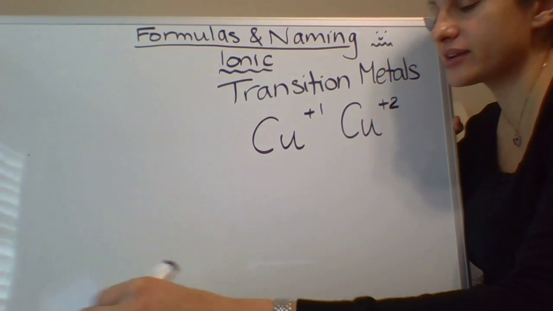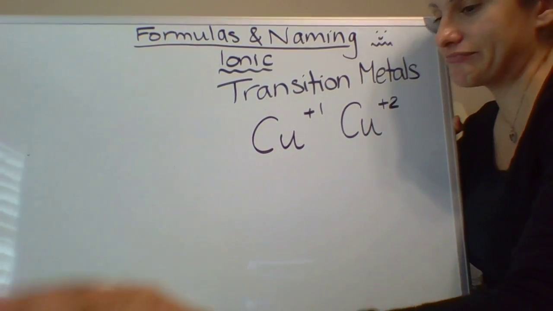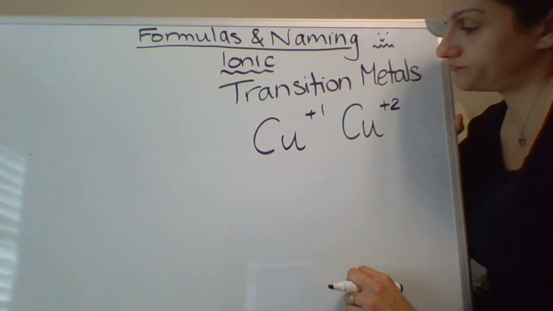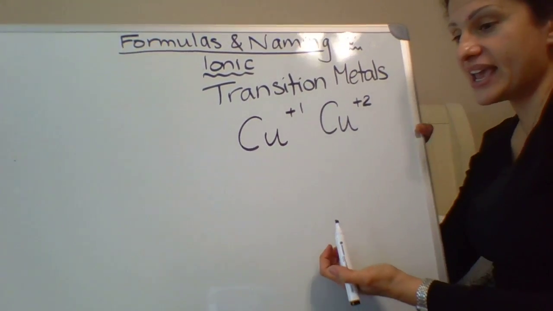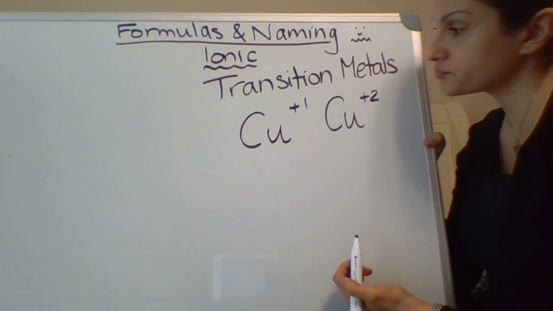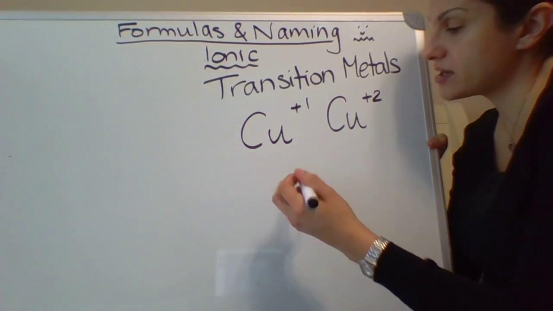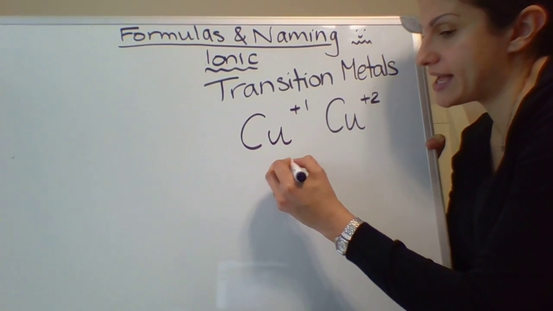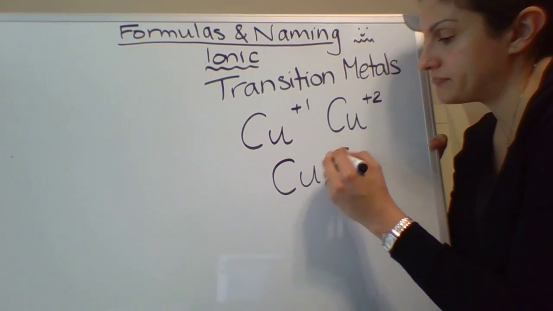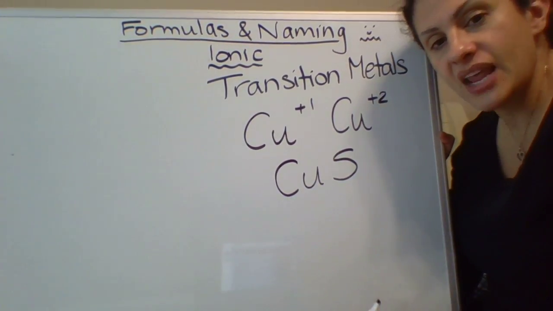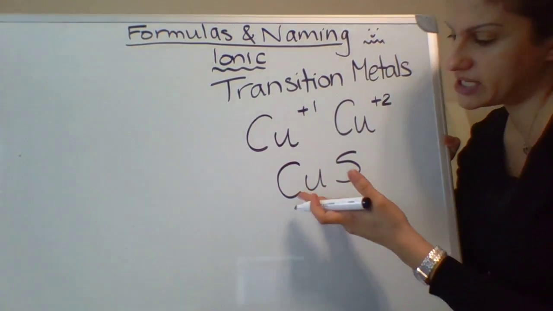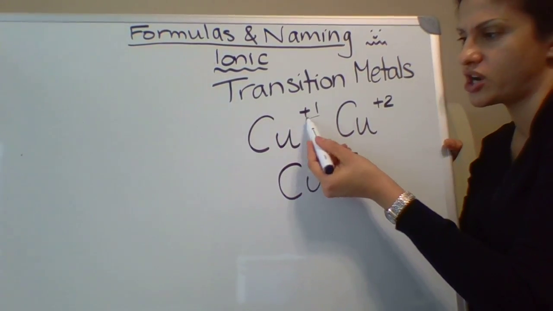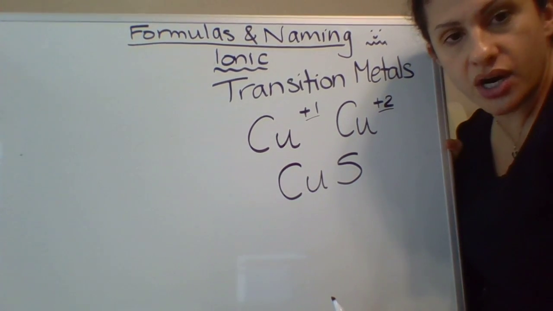So it's one of those metals that can have either one. How do you know? Let's say I gave you a compound such as this. How do you know which copper am I using here? Is it the one with the +1 charge, or is it the one with the +2 charge?